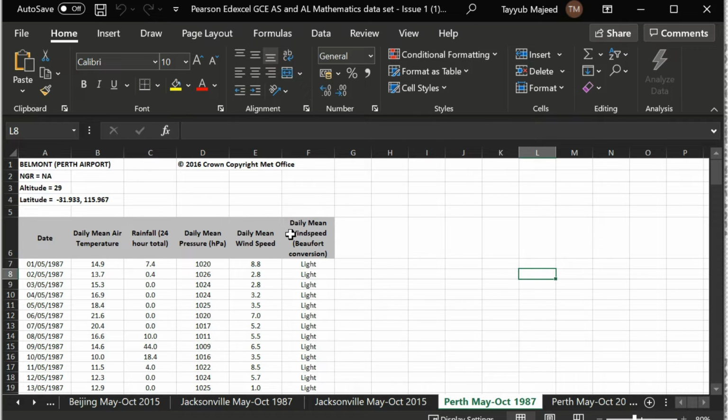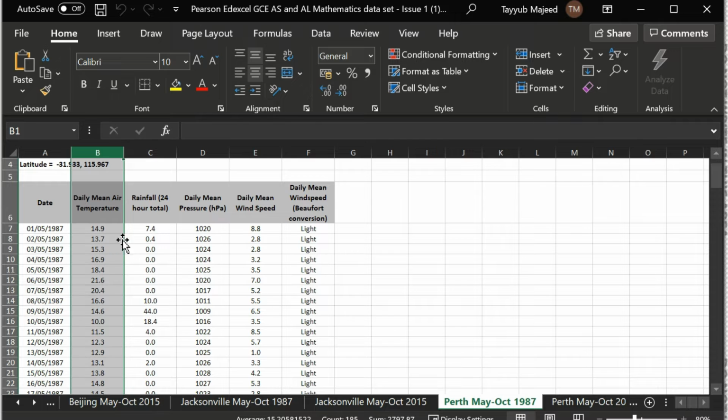Obviously, we're not going to use the daily mean wind speed because that will be incorrect, as this is a qualitative piece of statistic. We've already been given that we have the daily mean air temperature, and one thing that will give a negative correlation with the daily mean air temperature will be the rainfall.